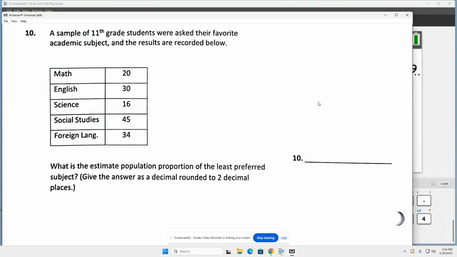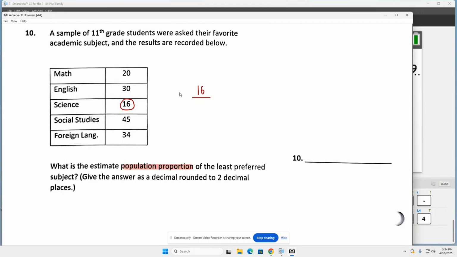So hopefully you guys remember when we talked about population proportion, I told you you're going to set up a fraction. And that fraction is going to include the top number, which is the specific thing they're talking about. Well, what is the least preferred? The least preferred is science at 16. That's going to be your value up top.